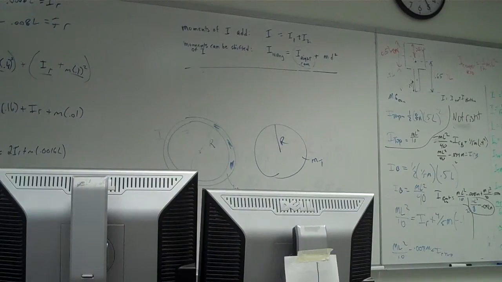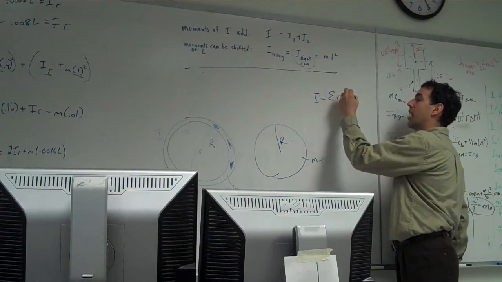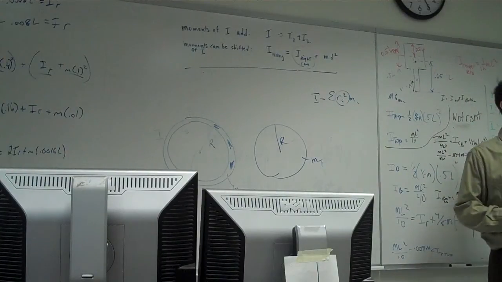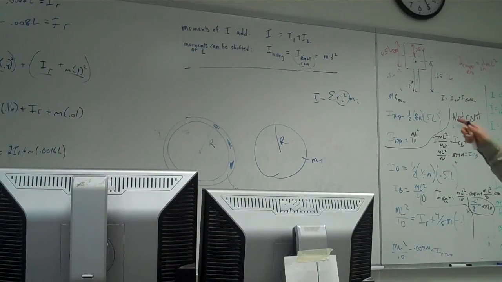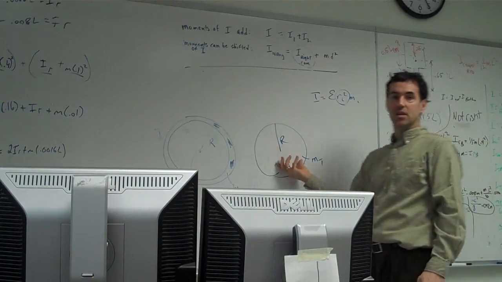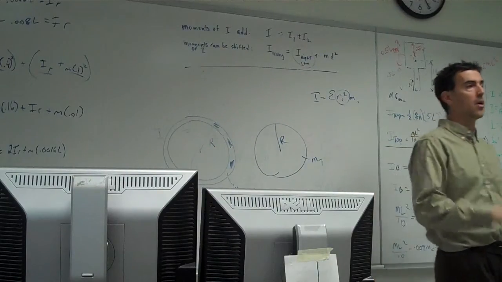Closer. So if it's closer to the center, then your moment of inertia is Ri squared Mi. If the R's are smaller on average, that's going to cause the moment of inertia to go lower. So in the case of a solid disk compared to a bike tire, the solid disk is going to have a lower moment of inertia.